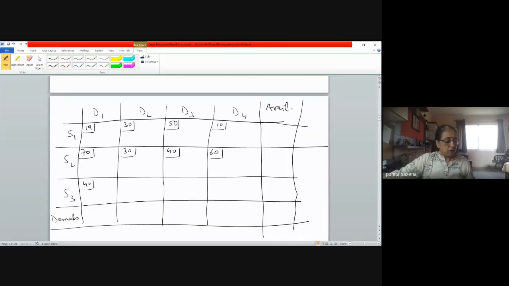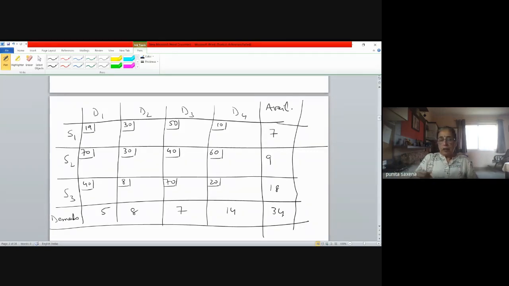Then we have 40, 8, 70, and 20. The availabilities were 7, 9, 18, and the demands were 5, 8, 7, and 14. So the total was 34. So we are back to the same problem.